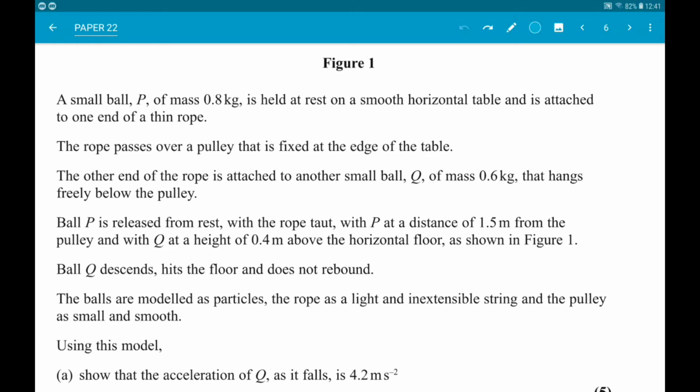The balls are modelled as particles, the rope as light and inextensible string, and the pulley as small and smooth. Using the model, Part A, show that the acceleration of Q as it falls is 4.2 meters per second squared.